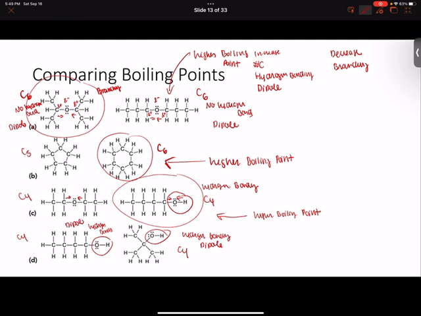So what's the main difference? Branching. This one has branching, and it decreases boiling point. So this one's gonna be the higher boiling point.